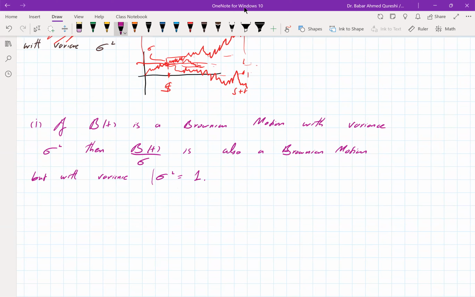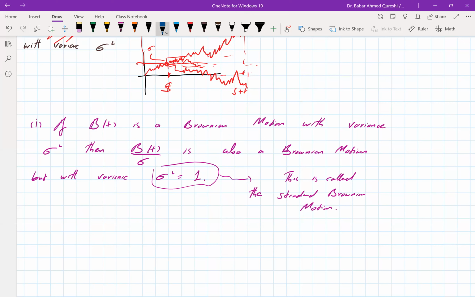So when you have variance 1, this is called the standard Brownian motion, just like standard normal.